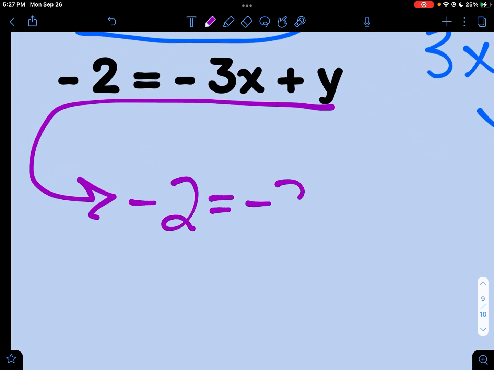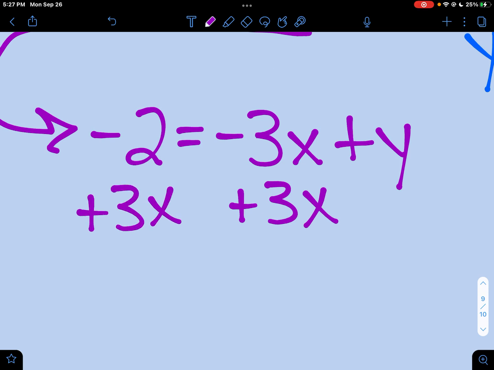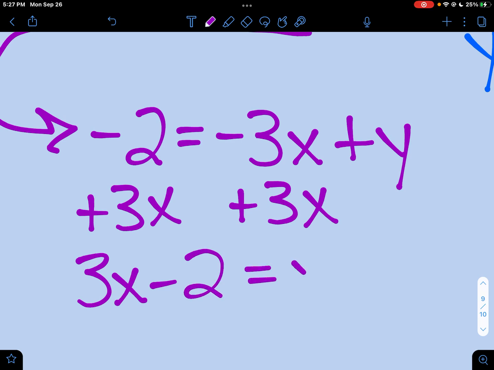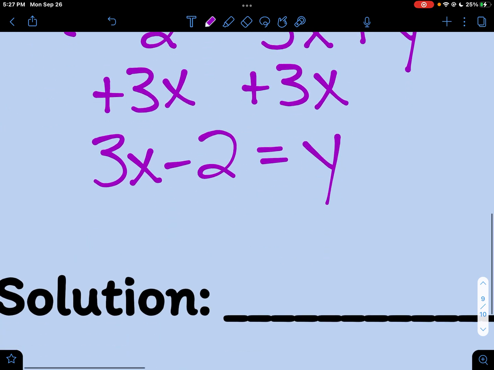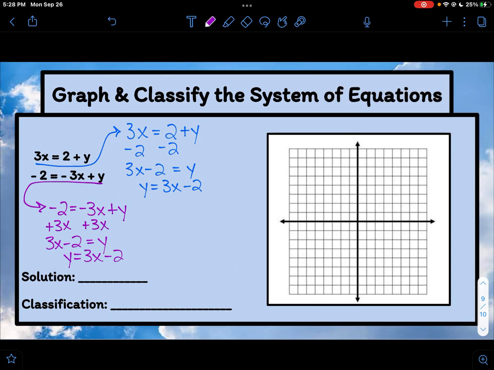Negative 2 equals negative 3x plus y. Okay, need y by itself, so I can add 3x. 3x minus 2 equals y. Turn it around: y equals 3x minus 2. They're the same thing. Same thing, same thing.